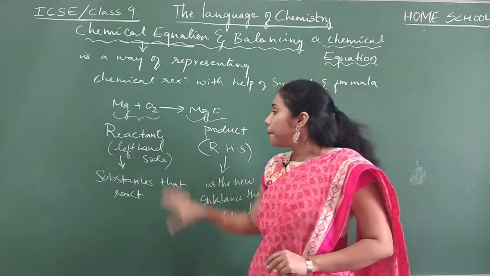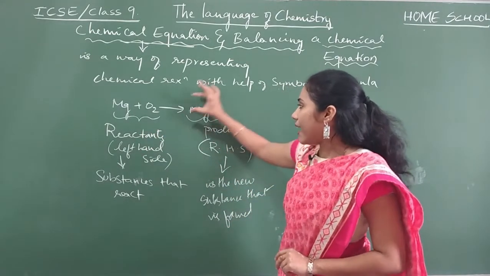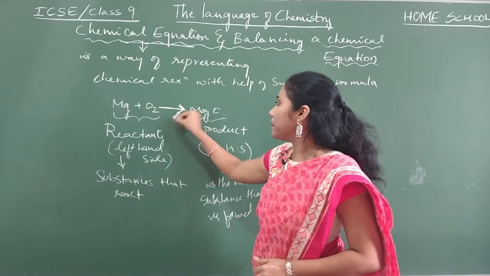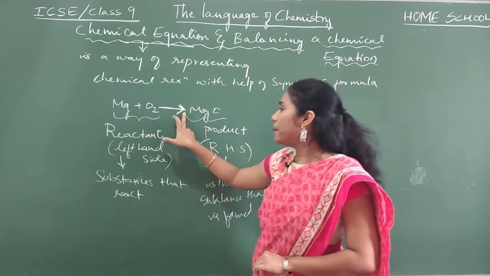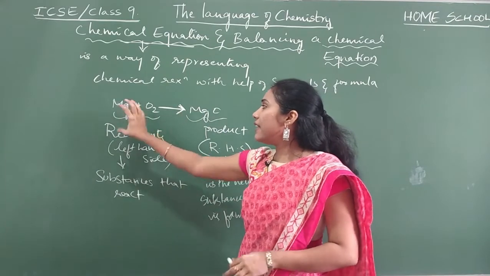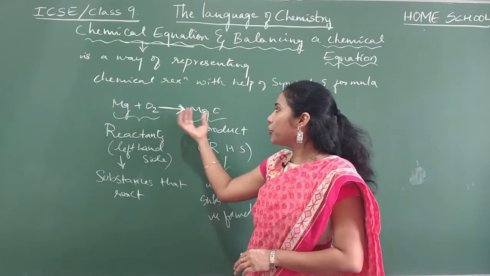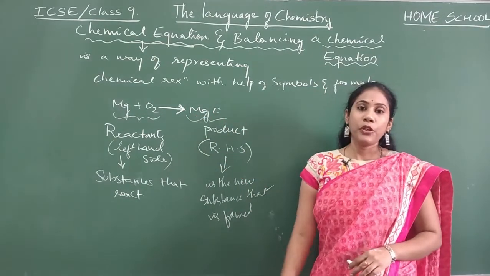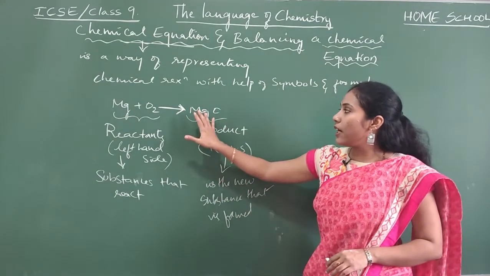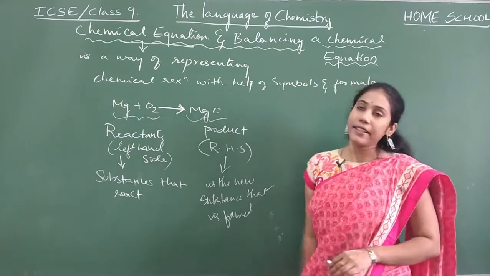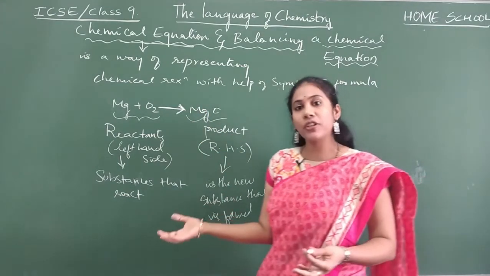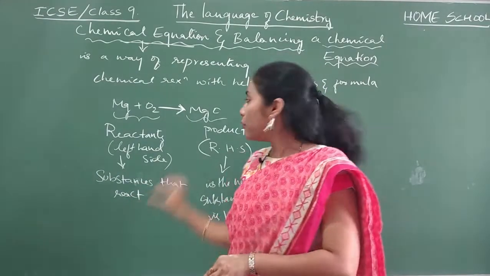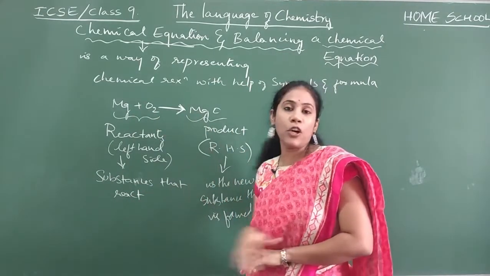And remember, both reactants and products have to be separated with this kind of arrow mark. So what is this arrow mark telling you? These are reacting, so you are getting the new product, that is this MgO. So this is what we call chemical equation. Chemical reaction we are telling people in the easiest way with the help of symbols and formulae.